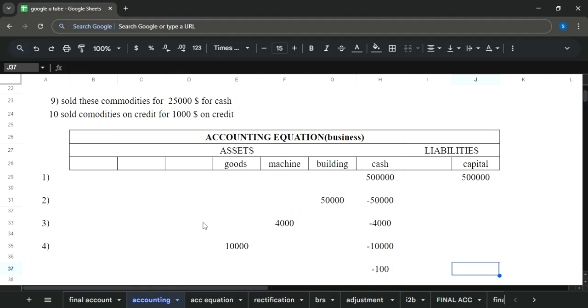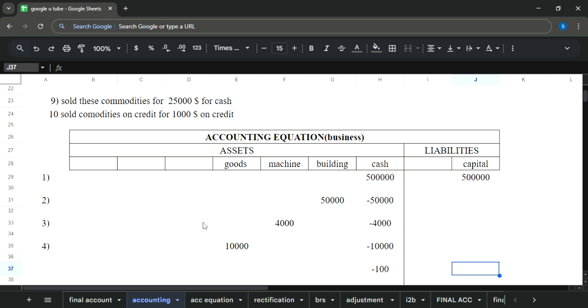Capital was the amount invested by the owner of the business, and that was 5 lakh. Since the owner is responsible to pay all the expenses of the business, since he has the right to get 100% profit in his pocket, that is why all expenses would be borne by the owner as well.